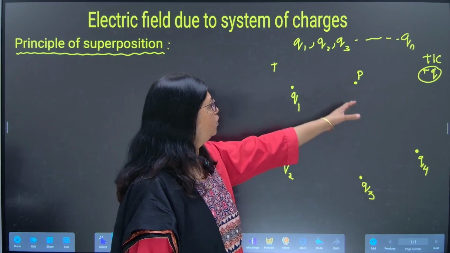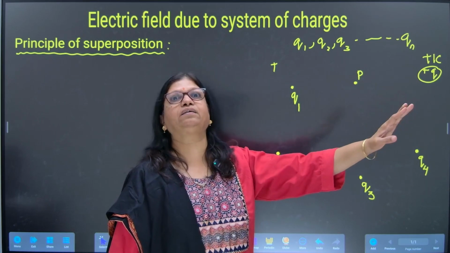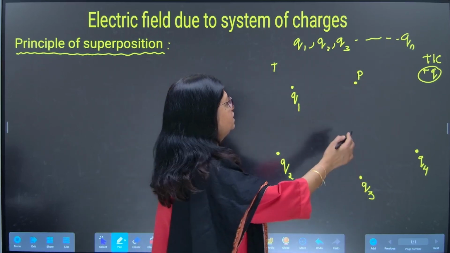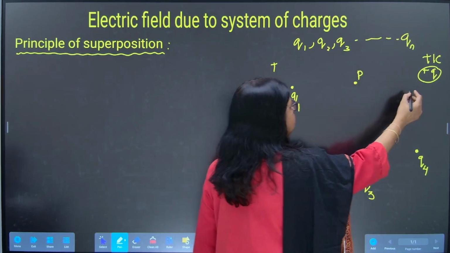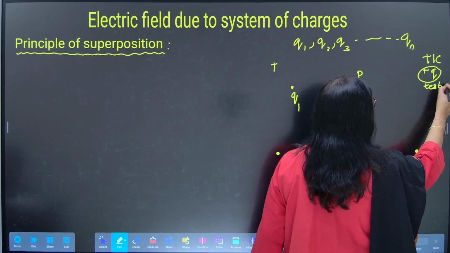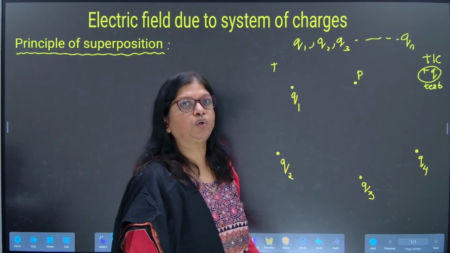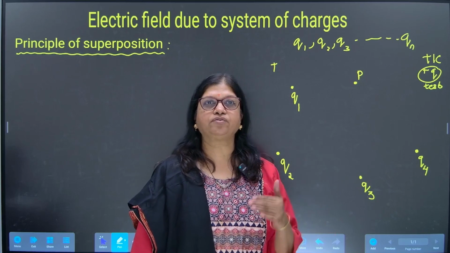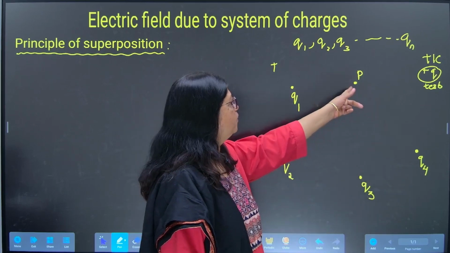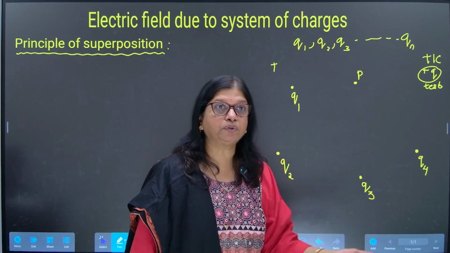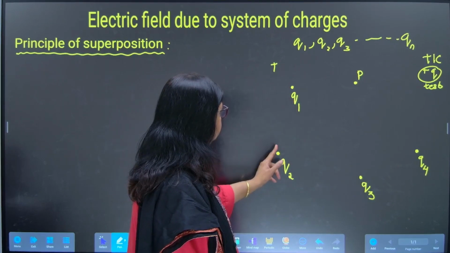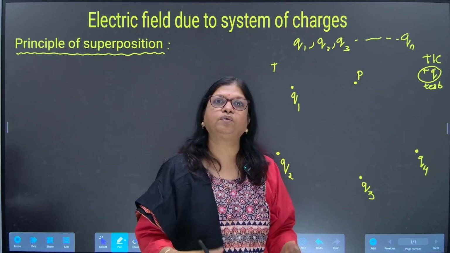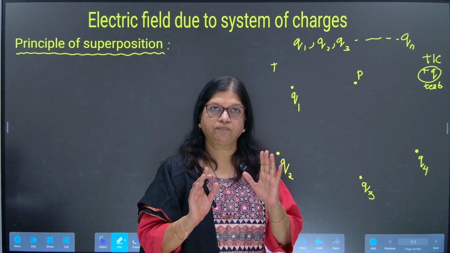Because it is 1 coulomb, we are not writing it as a charge at the point P. Let this test charge be placed at a point P. We want to calculate the electric field at the point P due to the surrounding charges, which produce their own electric fields, right?